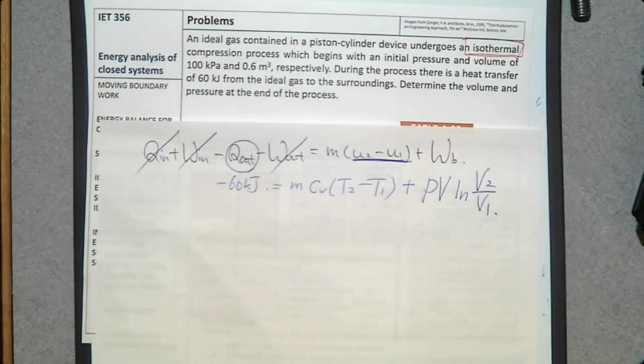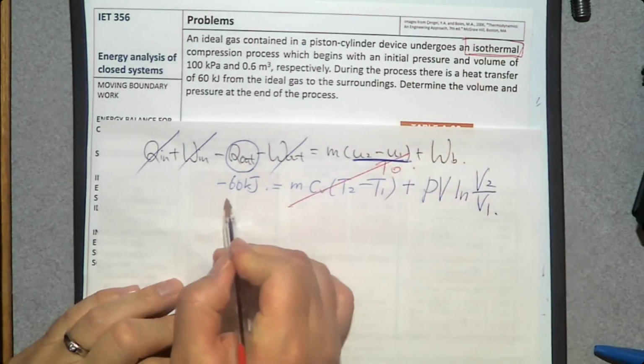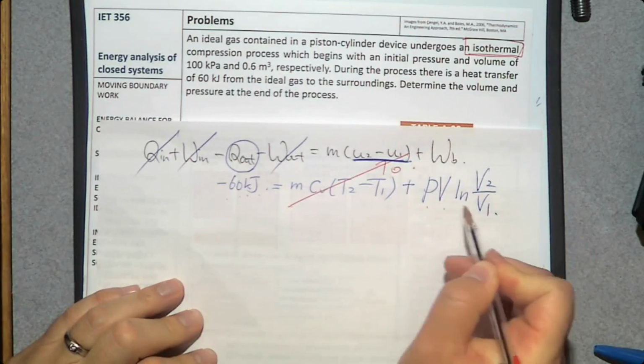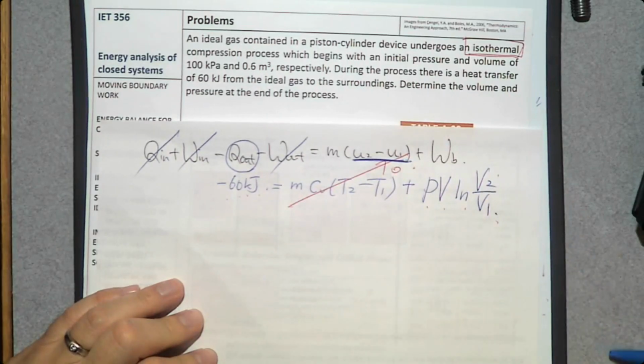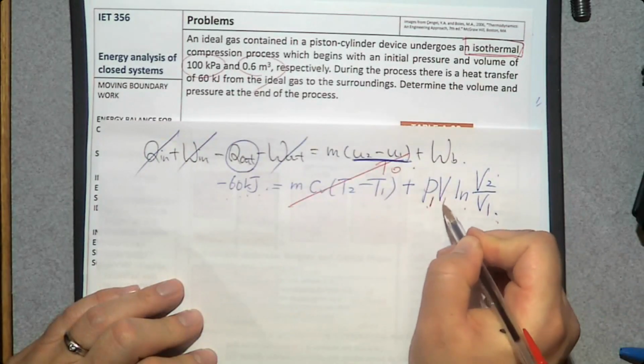So we are ready to solve this problem. What is the process? Constant temperature process. What is the relation between T1 and T2? They're the same, so this term is 0. So minus 60 kilojoule is PV natural log V2 over V1. Since we know P1 V1, I'm going to say P1 V1.